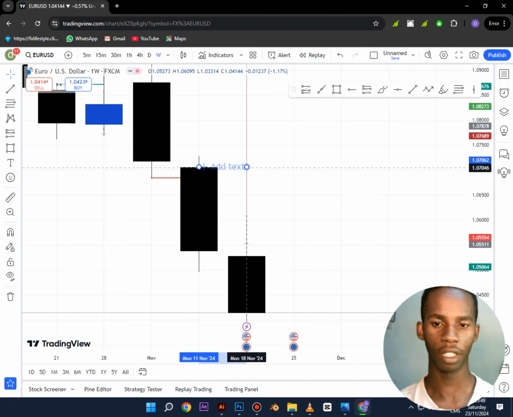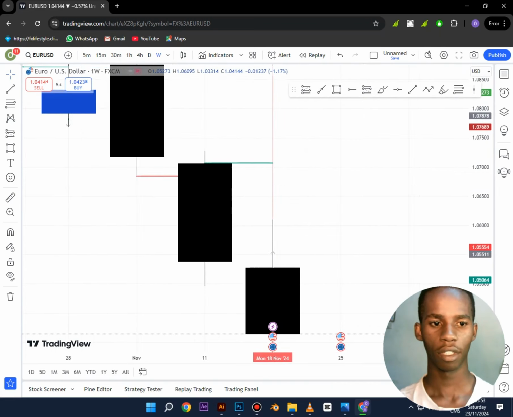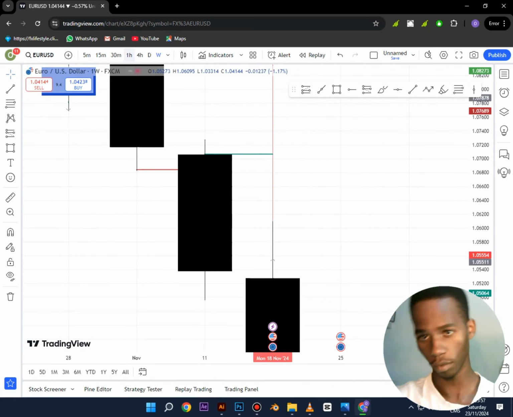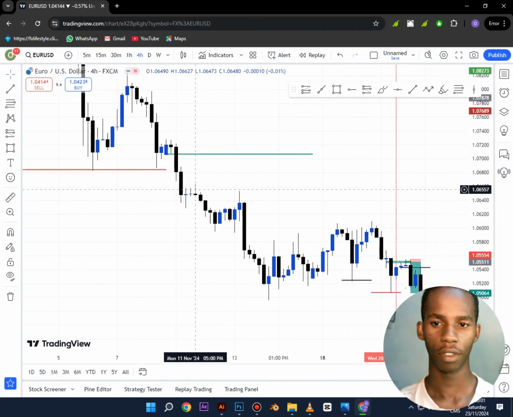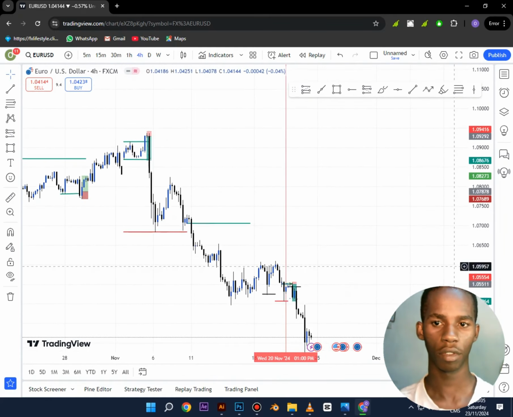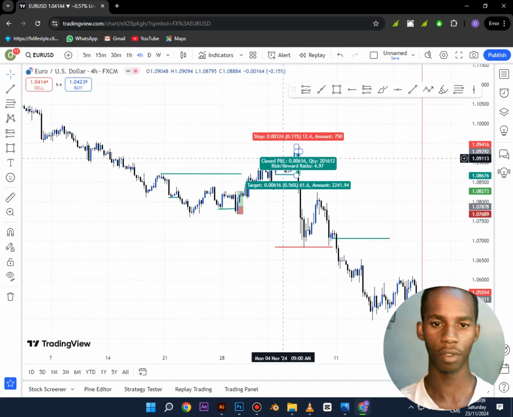So this is the opening price. After that, you drop down to the 4 hours time frame. In 4 hour time frame, it's here. Let me not confuse you guys.